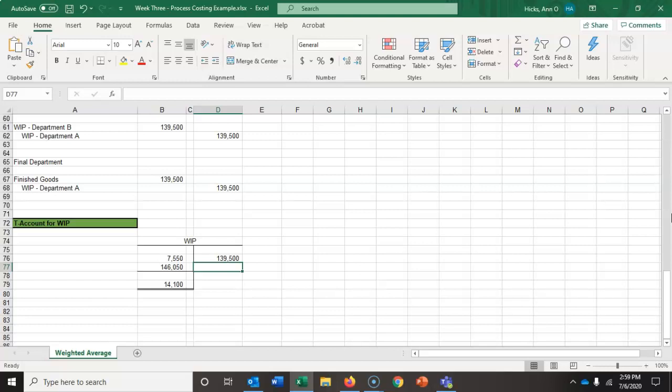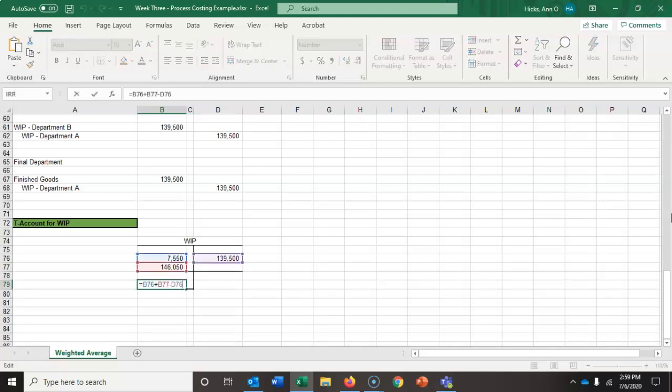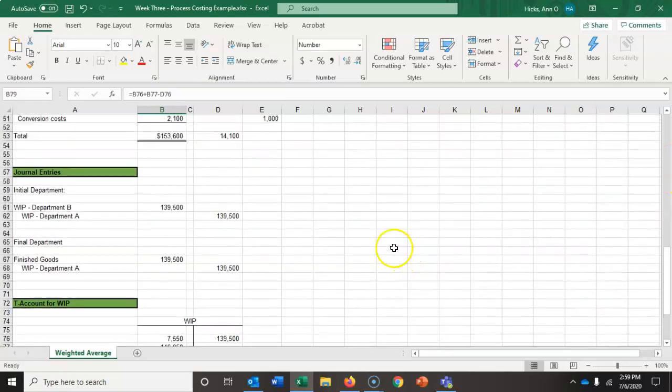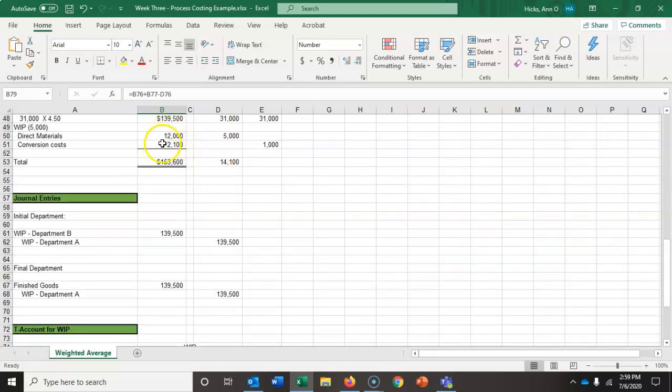It doesn't matter, we transferred it out of here. If you determine the balance left in WIP after those journal entries are posted, that's your 14,100. That's the ending balance, and that's what you want to see equal to what you allocated to work in process.